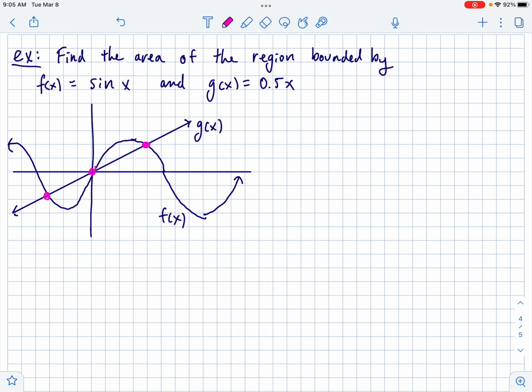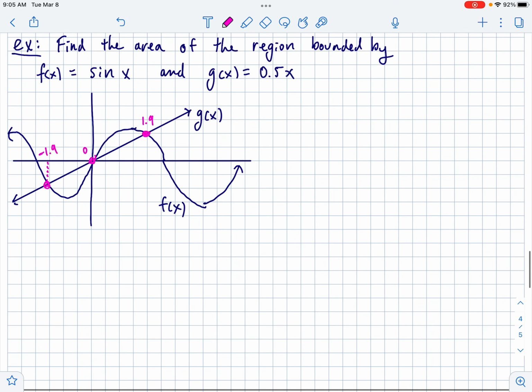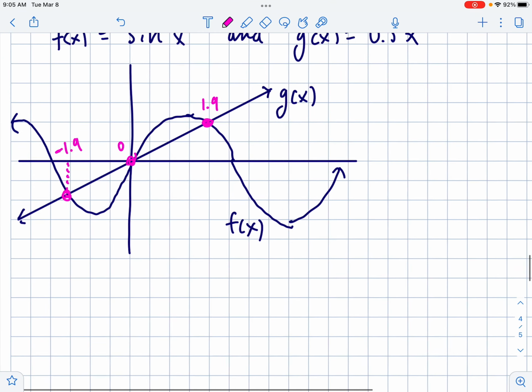So I think, yeah, if you use the intersect function to figure out where these are, this is an x value of negative 1.9, about. This is 0, and this is positive 1.9. Now, those are approximations, the 1.9 and negative 1.9. It's rounding to 2 decimal places.